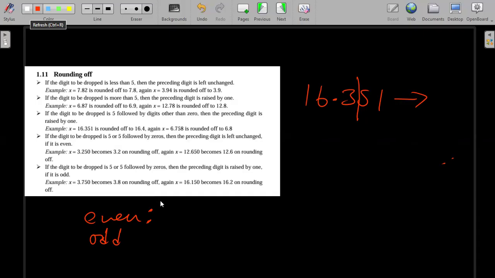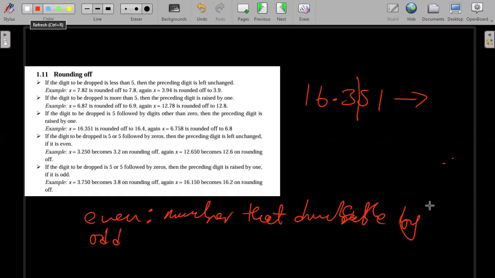Numbers that are divisible by 2, isn't it? Numbers that can be divided by 2 give you an answer without a remainder. So numbers that are divisible by 2 are even numbers.